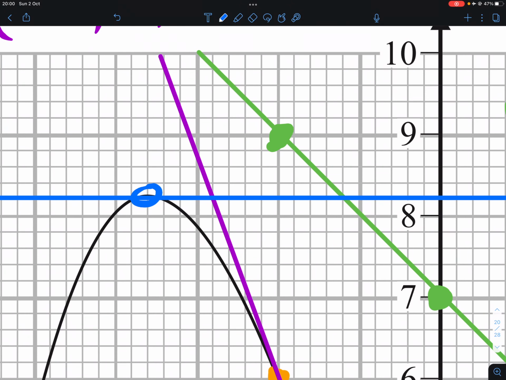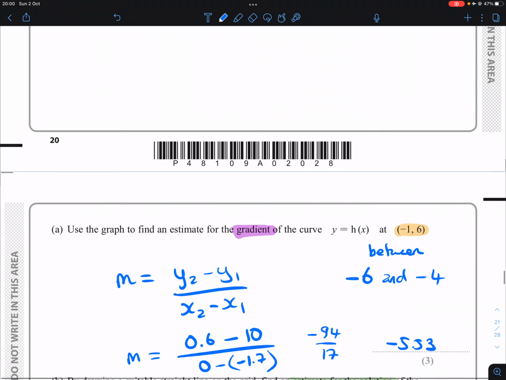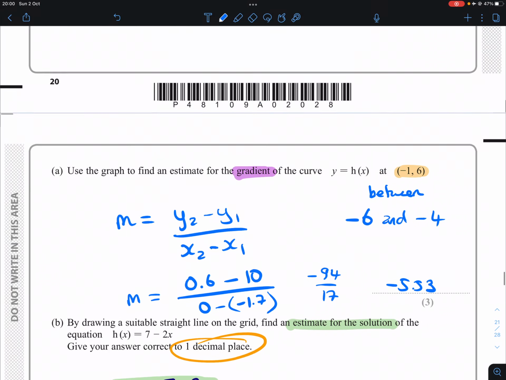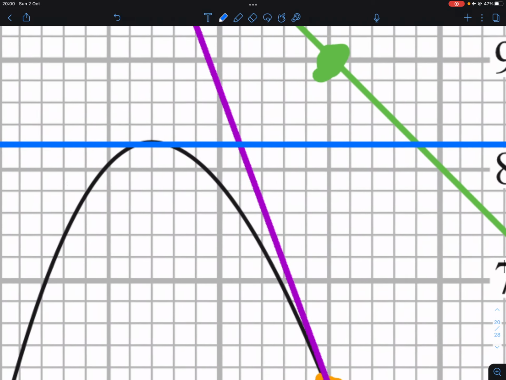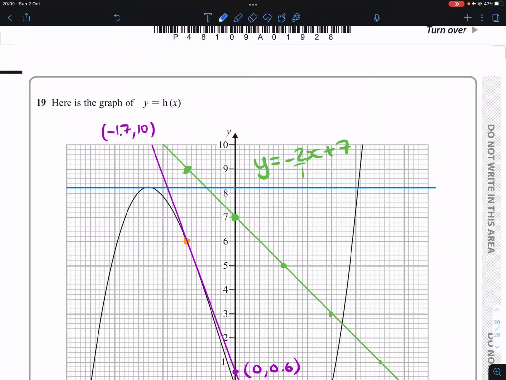Because I see that just go over a whisker, I'm going to say it's 8.21. But if you wrote 8.2, that's going to be totally fine. The mark scheme actually says 8.2, but just because I can see that peep above, I'm going to make it slightly bigger.